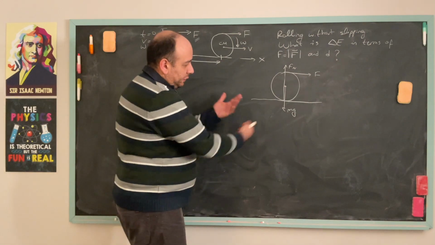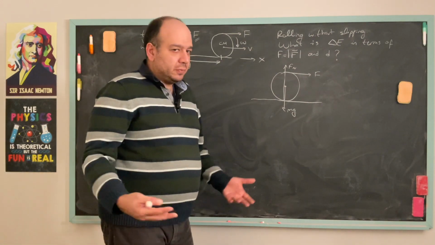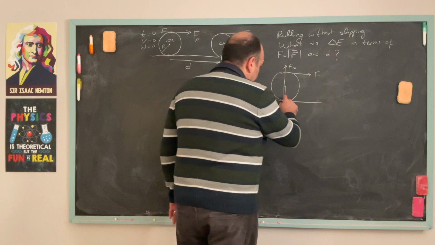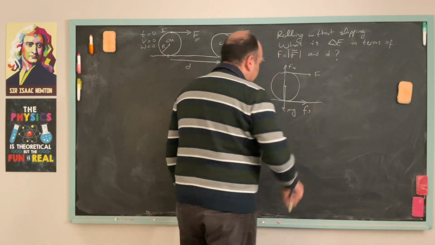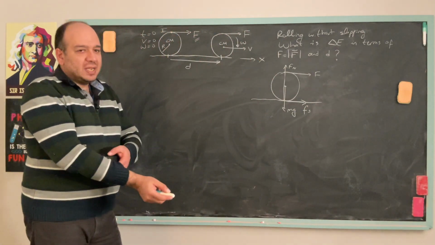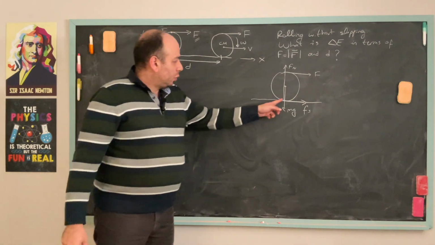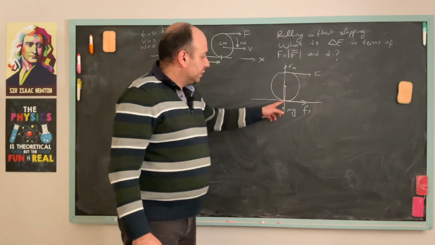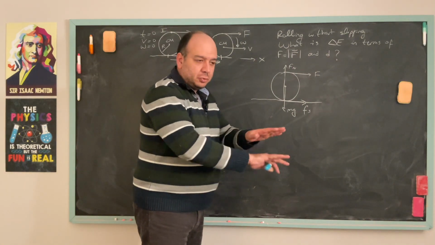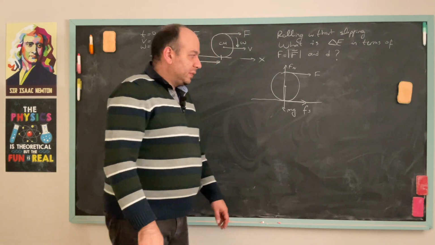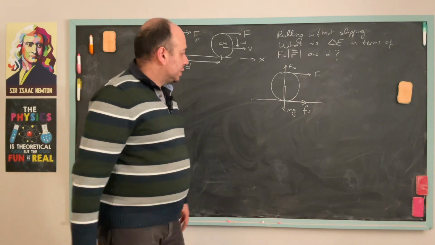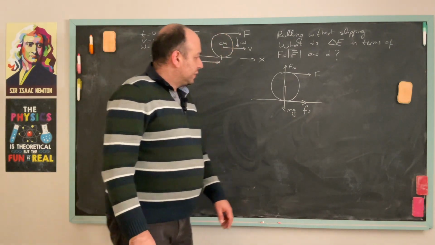What is the direction of the friction force? We don't know, so we're just going to make an assumption. We can say the friction force is going to be in that direction. Why static? This is static friction because the point of contact here is not moving with respect to the floor. Two surfaces are in contact with each other and they're not moving with respect to each other. So we have to have F static.